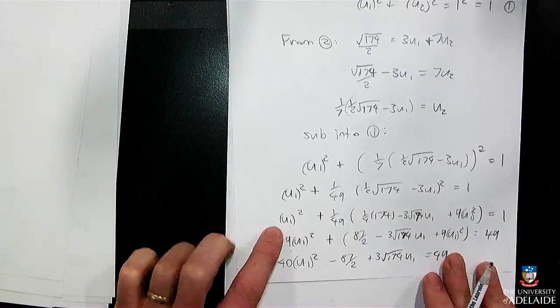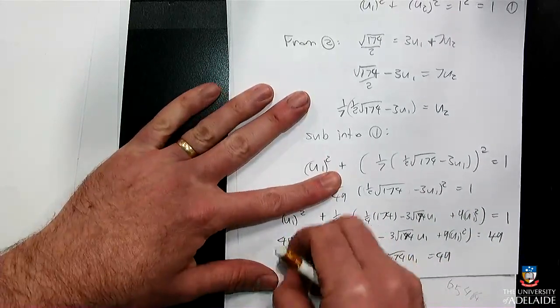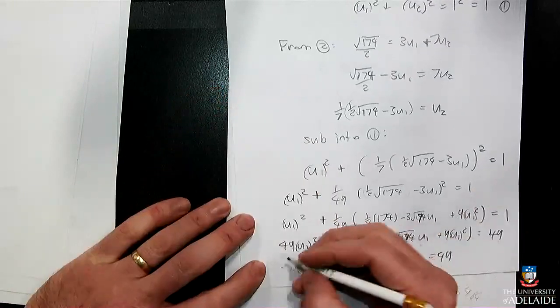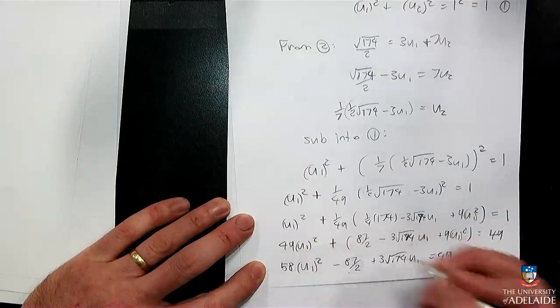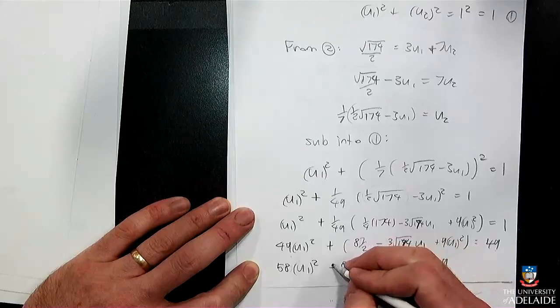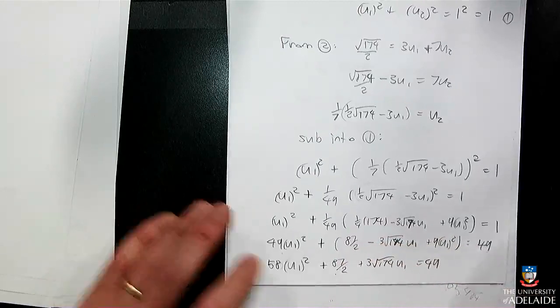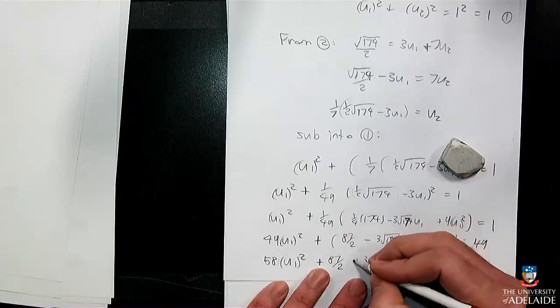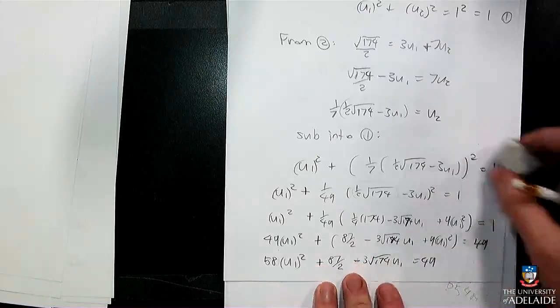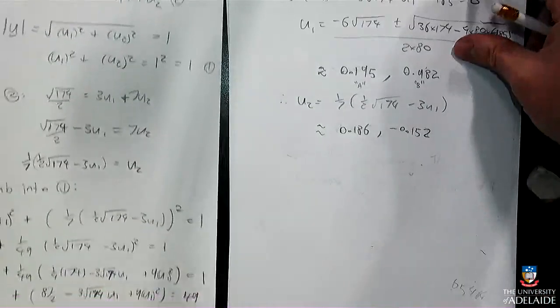And so that's not 49, but 58. And that's not minus 87, but a plus. And that's not plus 3, it's a minus 3. And so everything on this page is just wrong.